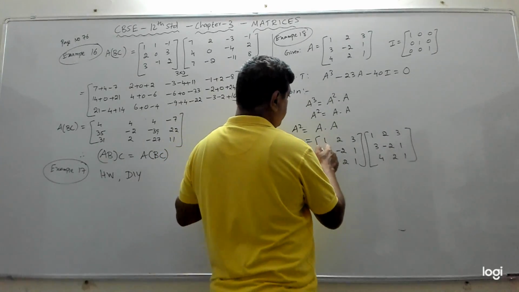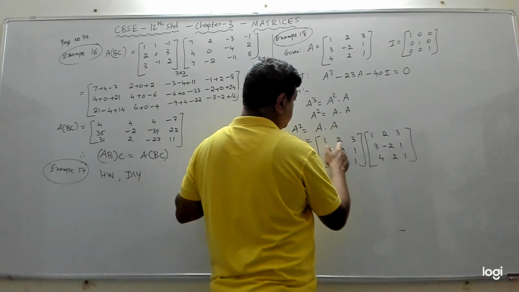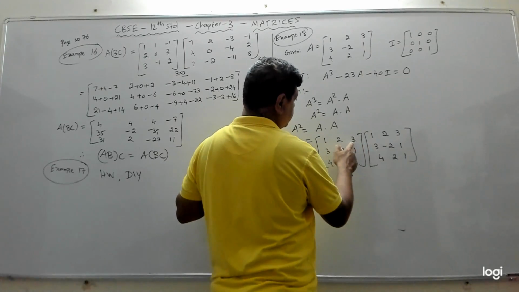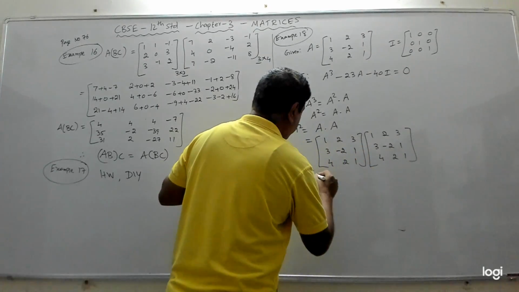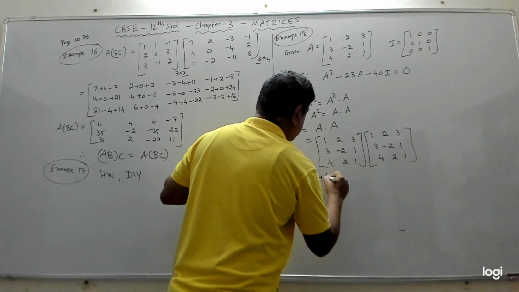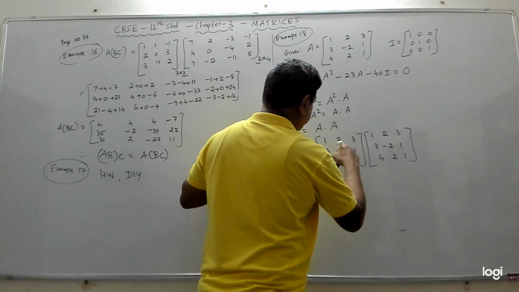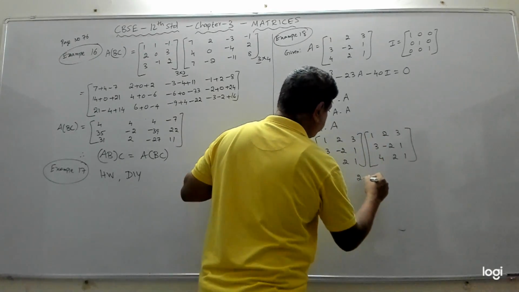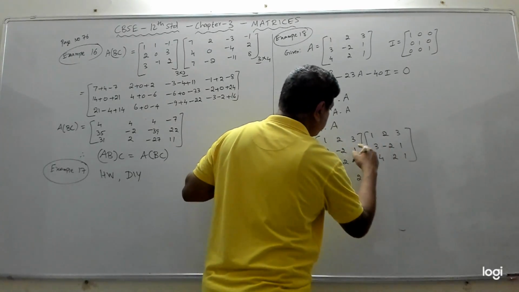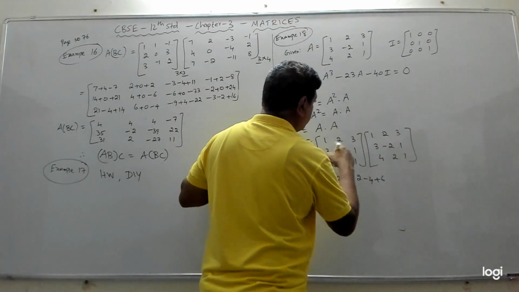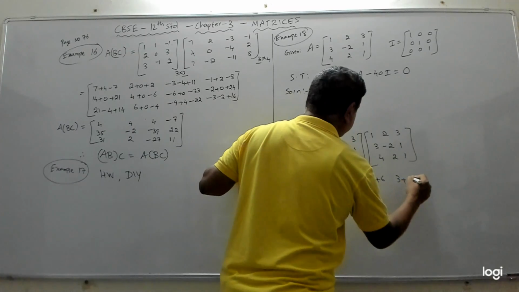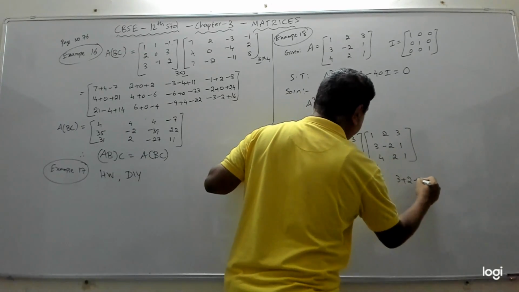So we'll do this. 1 into 1 is 1, plus 2 into 3 is 6, 3 into 4 is 12. So you get 1 plus 6 plus 12. Next one is 1 into 2, 2, minus 4, 2 times minus 2, plus 3 times 6, 1 into 3, 3 plus 2 times 1 is 2, 3 times 1 is 3.